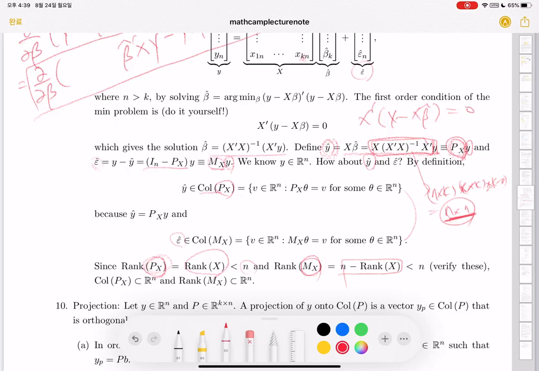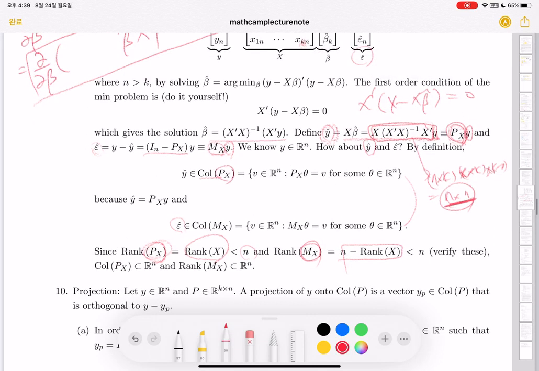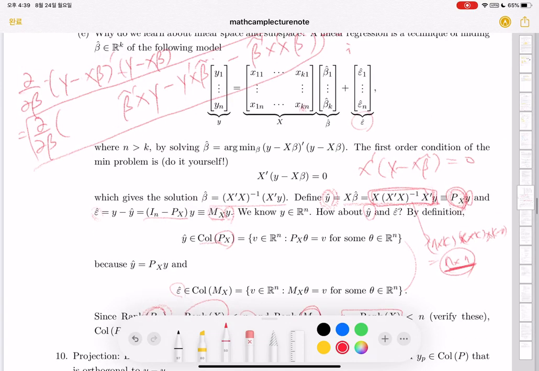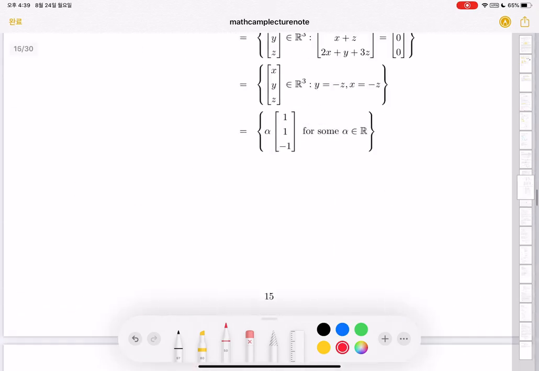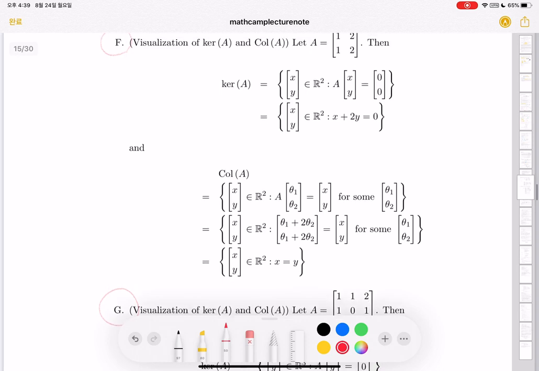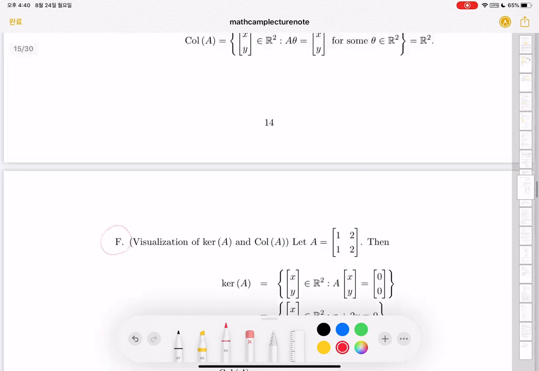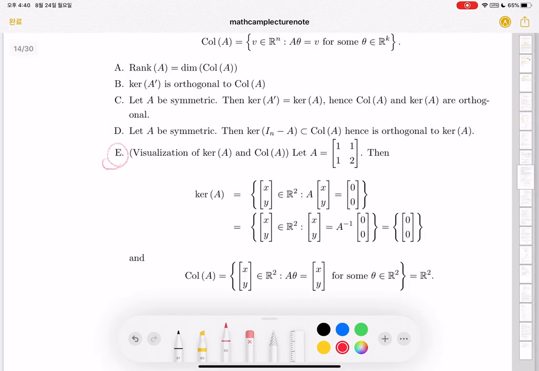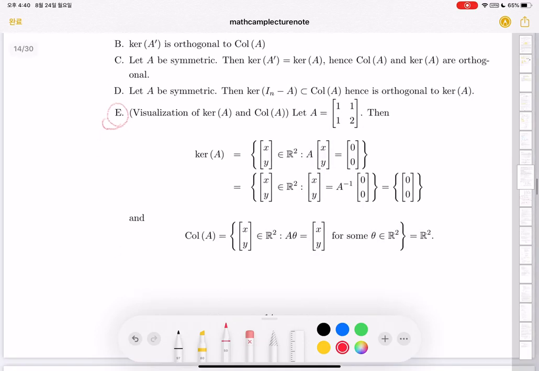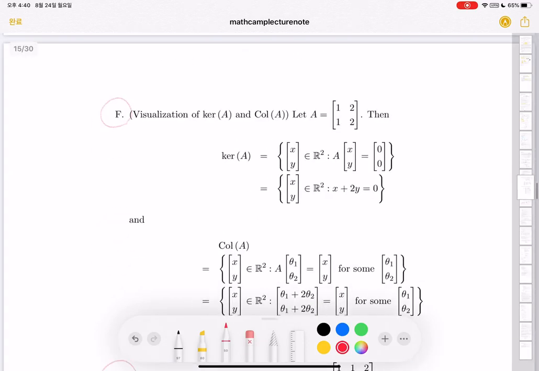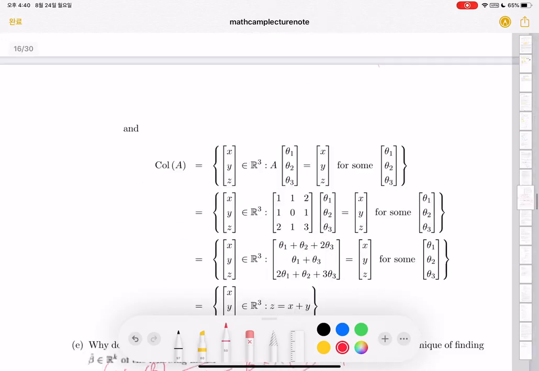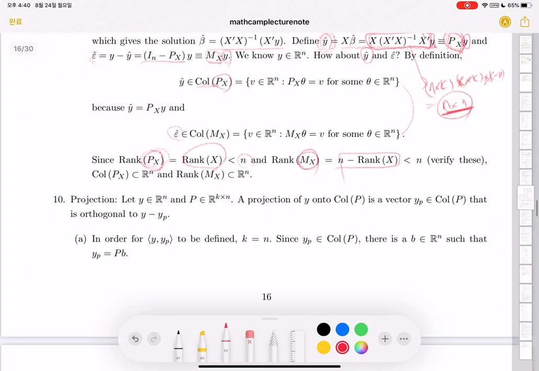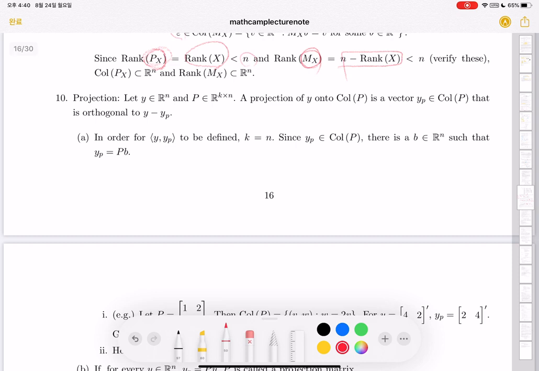Okay. So we are going to learn this part, and to learn this, you want to have a pretty good understanding of the concept of column space and rank and so on. Okay. All right. And the next topic is projection.